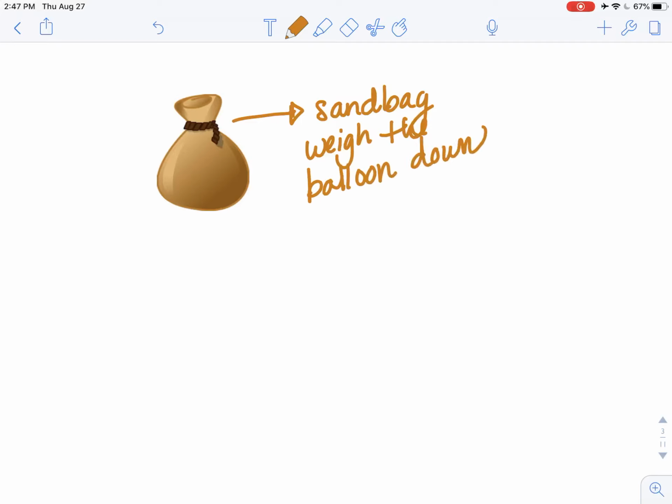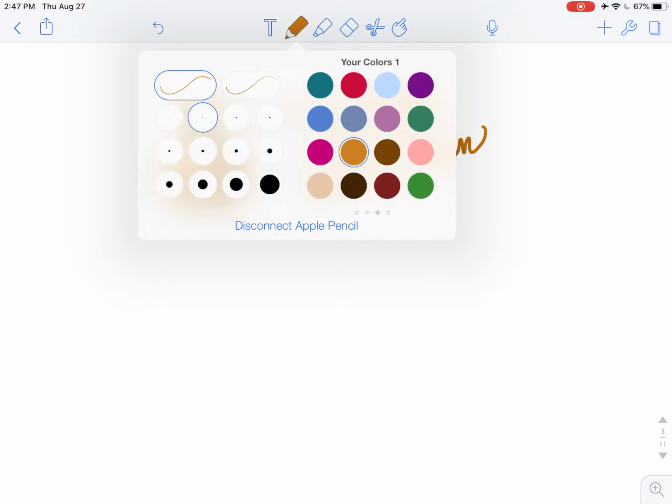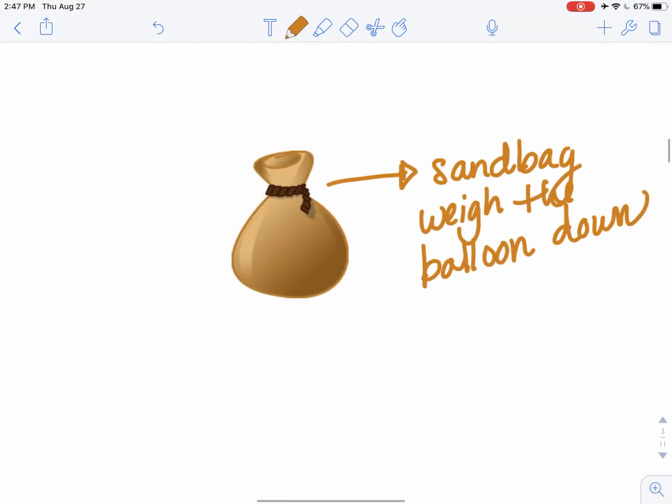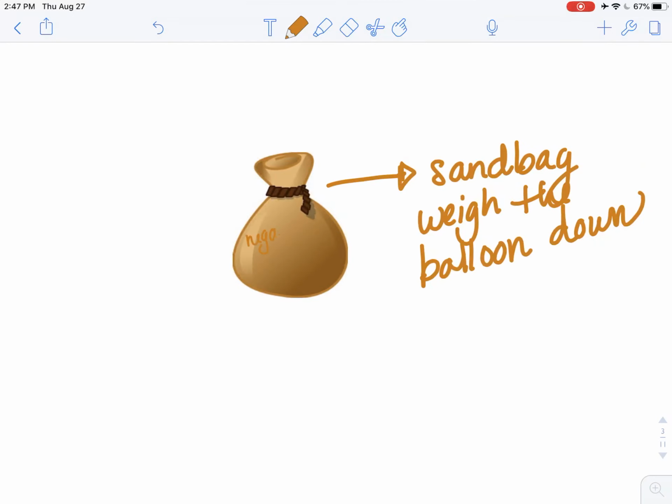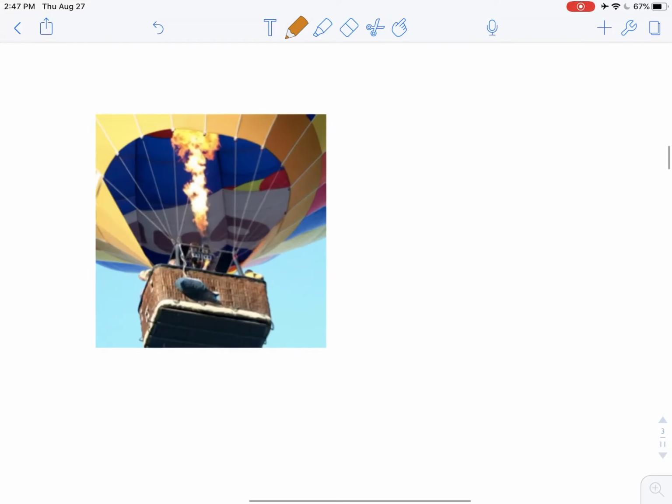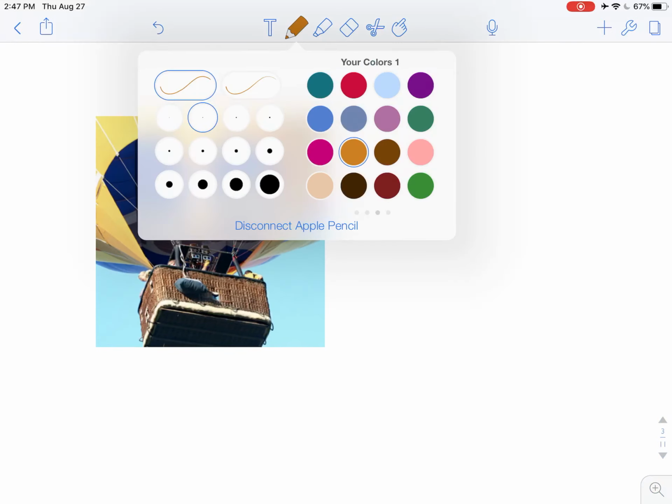So to keep it from floating away, we have sandbags to keep the heaviness to weigh it down. And we can view the sandbag in this scenario as the negative number. And then we have puffs of hot air.